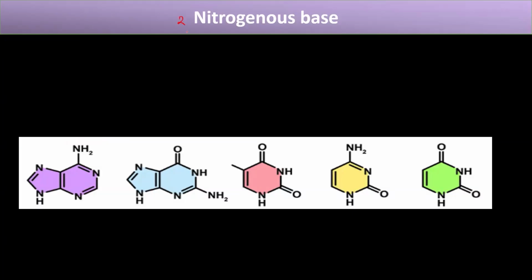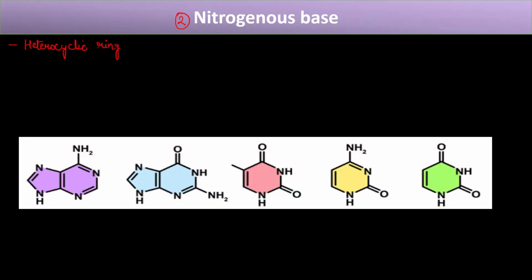Nitrogenous base. The second component that is present in the nucleotide or nucleic acid is nitrogenous base. Now, what is nitrogenous base? Nitrogenous base is in a heterocyclic ring. Heterocyclic means that it has more than one type of atom.